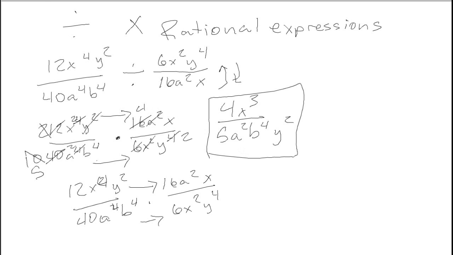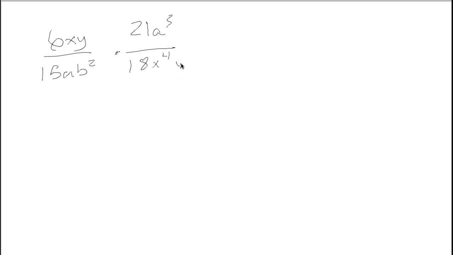Okay, so let's do a little multiplication. Let's go 6xy over 15ab squared, times 21a cubed over 18x to the fourth y.